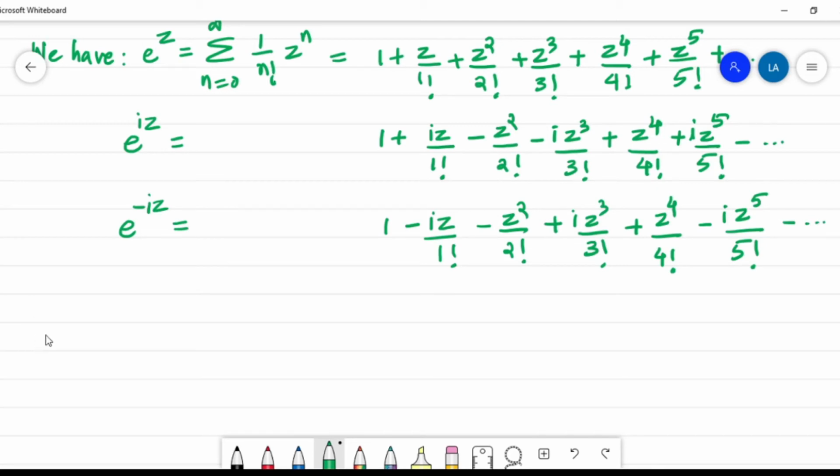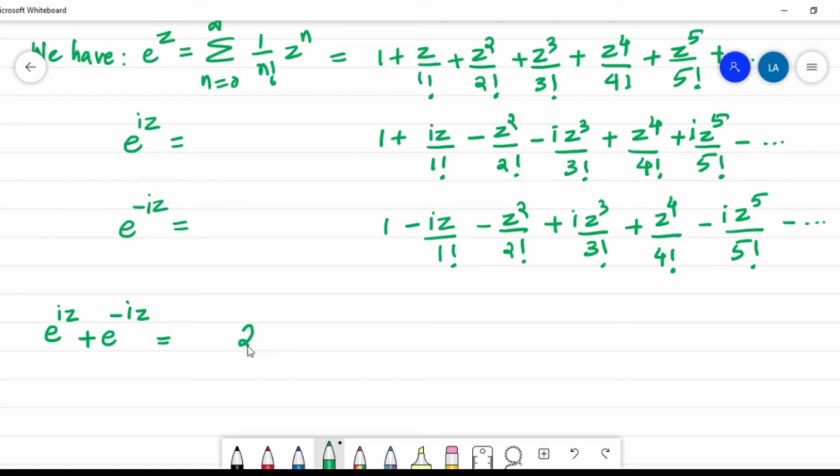The next thing we are going to do is e raised to iz plus e raised to minus iz. When you add, you get 2 here, these terms cancel, these terms add up, these cancel, these add up, like that.